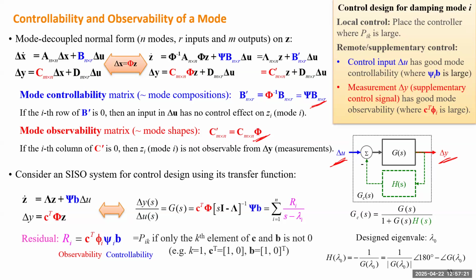If you cannot achieve the best mode controllability and observability, you need to find a location which is not too bad, and you can design the feedback control loop so that after control, the mode will have the expected frequency and damping. So you can design the frequency or damping by designing the feedback control block.